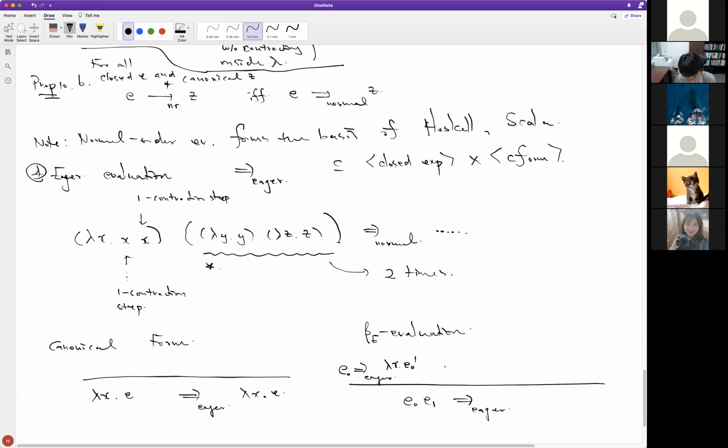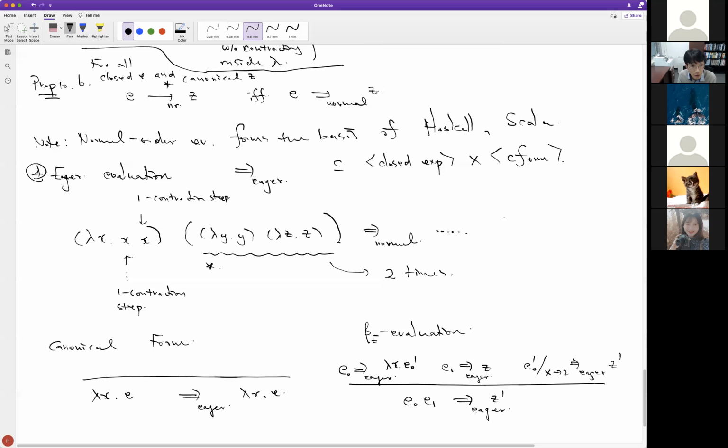We are evaluating the argument to get the canonical form Z. We write Z because it's going to be a lambda, but we don't care what it is. Then we do the function application, and we get the final answer here.